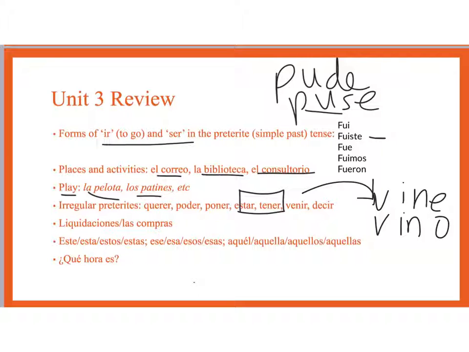The tú form would be viniste. Nosotros vinimos, not venimos, by the way, but vinimos. And ustedes, ellos, ellas, vinieron. So again, if you just take the endings, you're going to get the same thing. Vine, viniste, vino, vinimos, vinieron. So it's a vin.